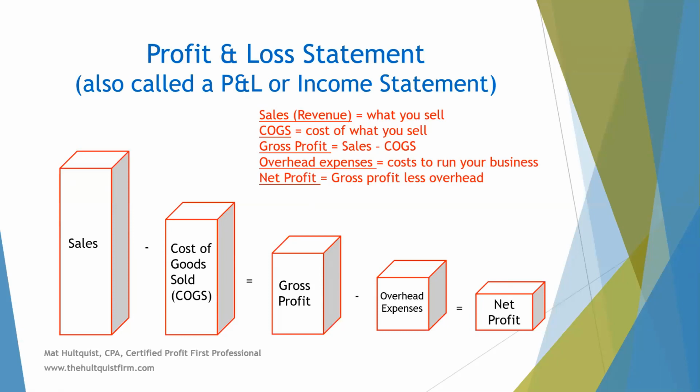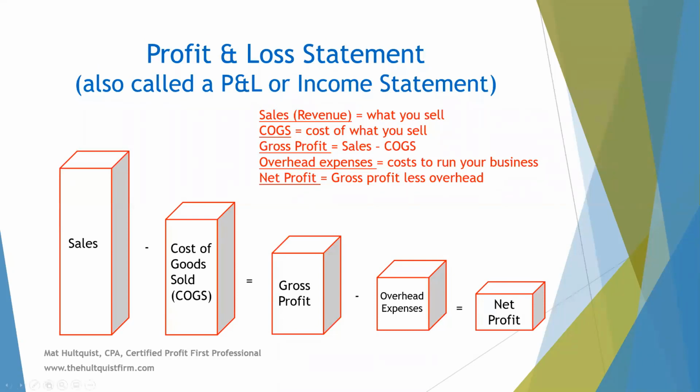And then when you subtract that, you get your net profit or loss, and that's your gross profit less your overhead. Okay, so this simple equation is going to be the same in every single business. It doesn't matter what profit and loss you look at for any business, it's going to be the same. There are a couple nuances depending on the type of business, like a service business, but for the most part, this is the exact same formula for every single one.